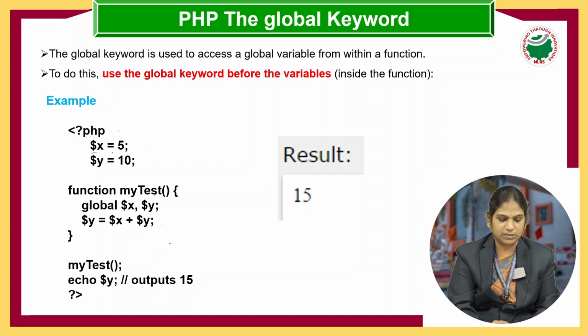Then close that function myTest. Echo $y. Here, generally, if I have not used the global keyword, then what is going to happen? This $x value and $y value are not going to be available inside the function.